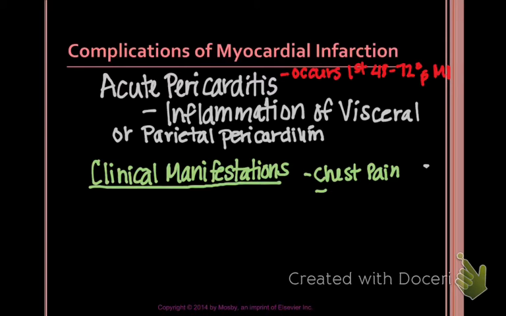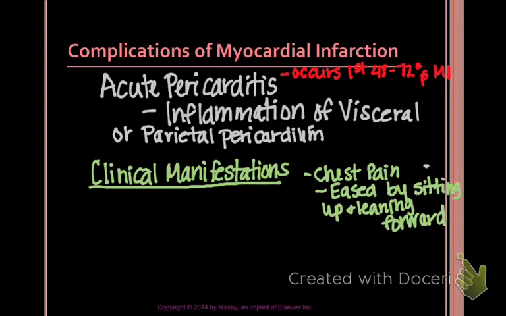So it's inflammation, basically, right? Clinical manifestations, of course, you're going to have chest pain. And the chest pain is eased by sitting up and leaning forward. That is your telltale sign that it could be pericarditis, if they sit forward, lean forward.